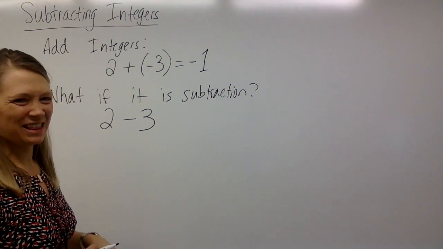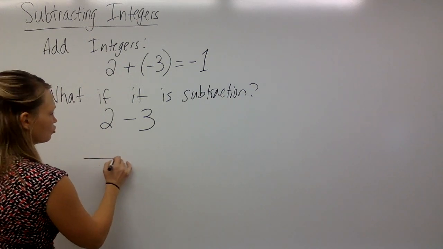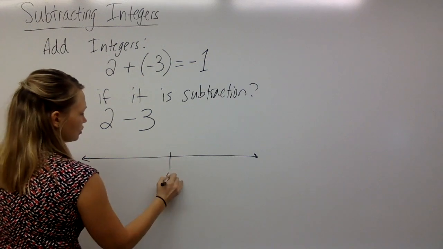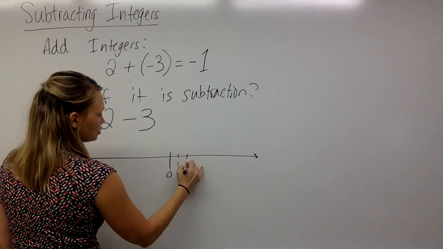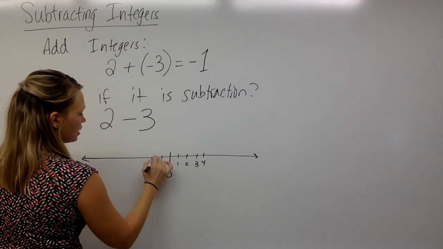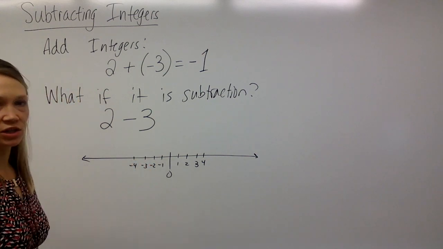But I think you're going to understand how this works quite easily if I just show you that number line again. So draw this number line on your paper as well. Here's 0, here's 1, 2, 3, 4, and here's negative 1, negative 2, negative 3, negative 4. I think that's as far as we need to go.